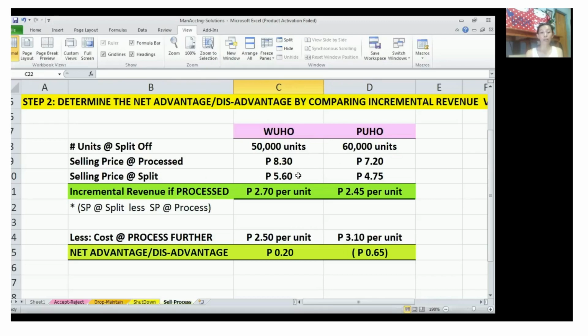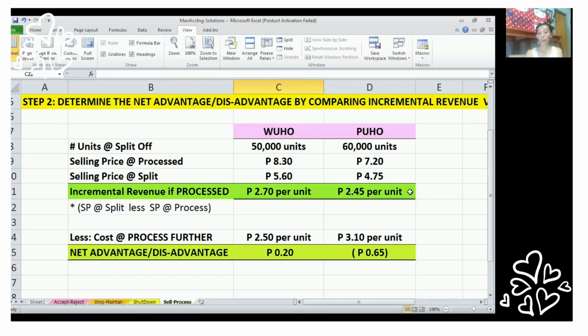So obviously mas mahal, mas dako ang sales revenue if process further ang both products. So ang diferensya incremental revenue niya if process further at the final stage ni Puhu is 2 pesos and 70 centavos per unit. Mao na siya incremental niya nga halin if i-process siya at the final stage.